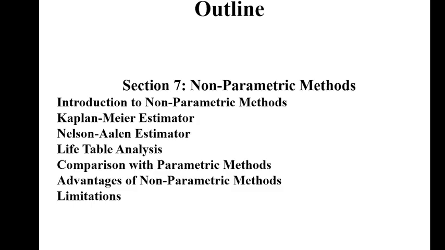In section 7, we will explore non-parametric methods which are useful for analyzing reliability data without assuming a specific statistical distribution. We will begin with an introduction to these methods and their importance in situations where model assumptions are uncertain or difficult to justify.